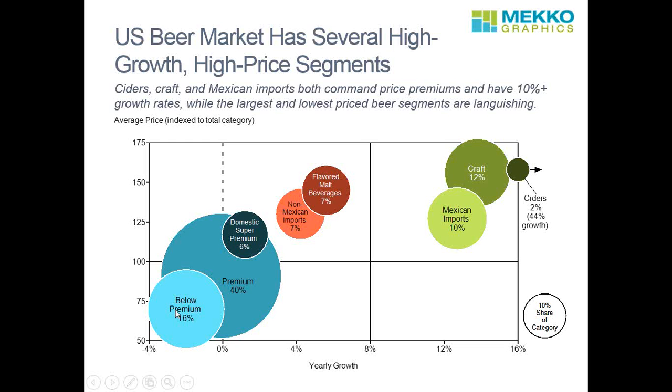Each bubble represents a market segment. Its position on the x-axis is its growth rate. Its position on the y-axis is its average price. And the size of the bubble represents the market share of that segment in the market category.